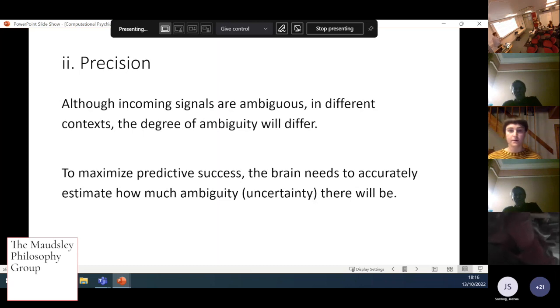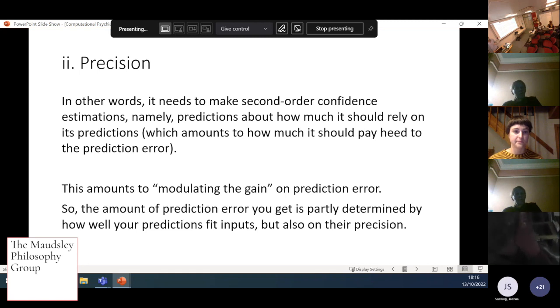So to maximize predictive success over time, the brain needs to accurately estimate how much ambiguity there will be. In other words, what it needs to make is not just first order predictions, but second order confidence estimations: predictions about how much it should rely on its prediction. This amounts to how much it should pay heed to the prediction error.